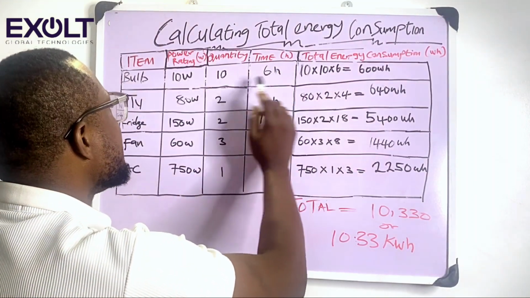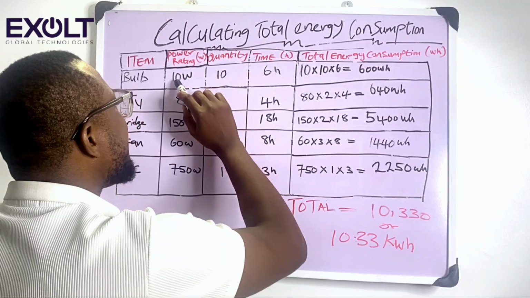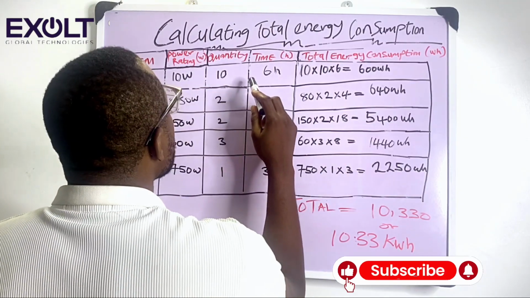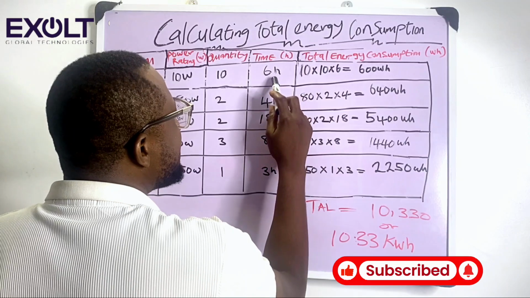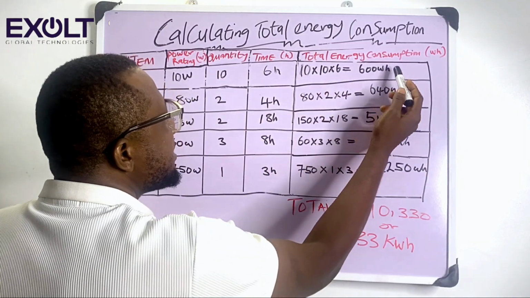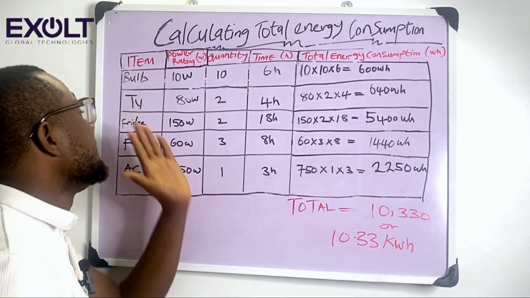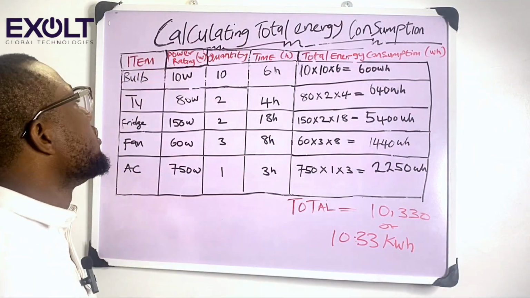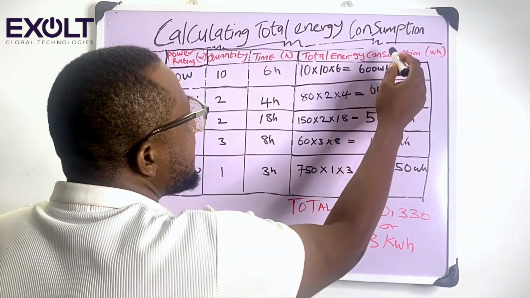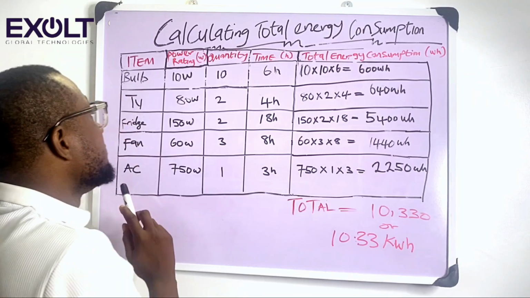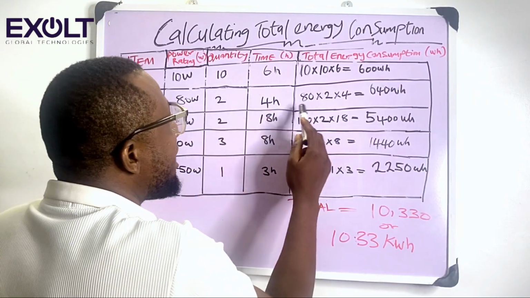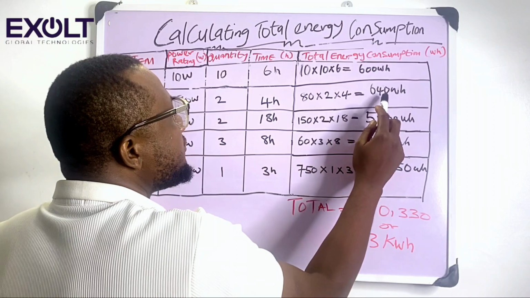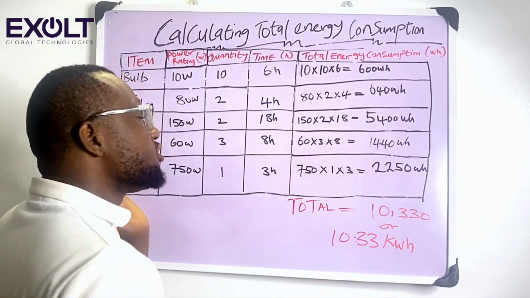We have to perform the multiplication of these things. You see, we multiply the wattage by 10 because we have 10 units of this bulb, and we also multiply by the number of hours, which gives 600 watt hours. So in a day, for the bulbs alone, we need at least 600 watt hours. For the TV set running 4 hours per day, we need at least 640 watt hours available just for the TV.